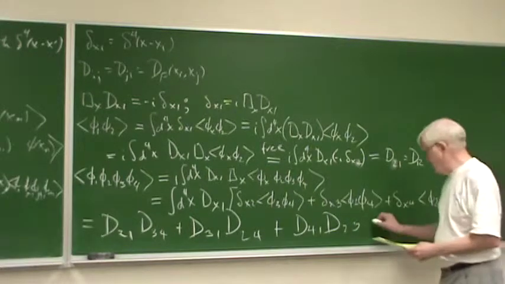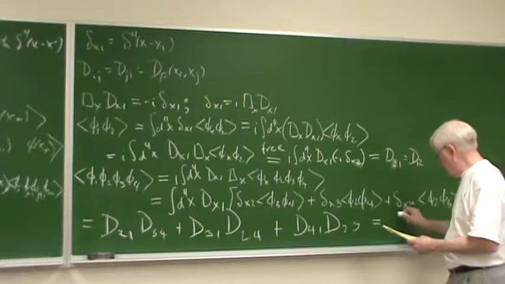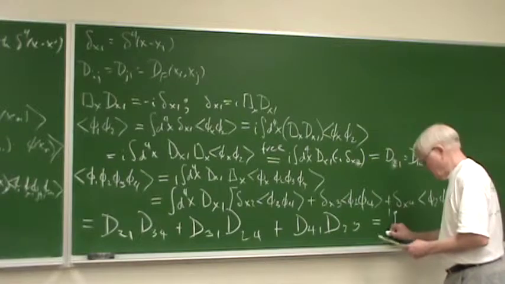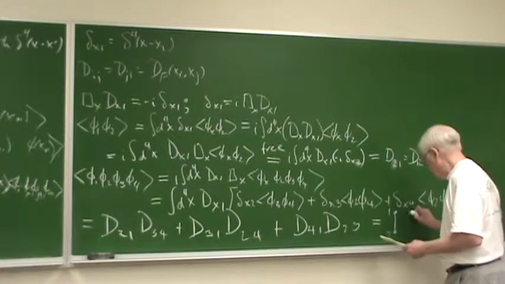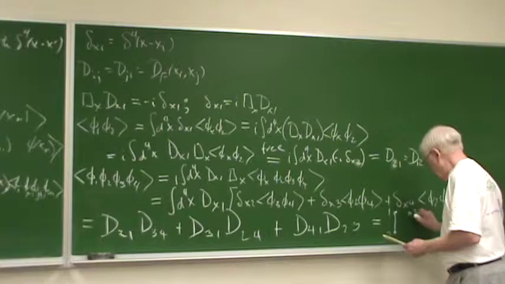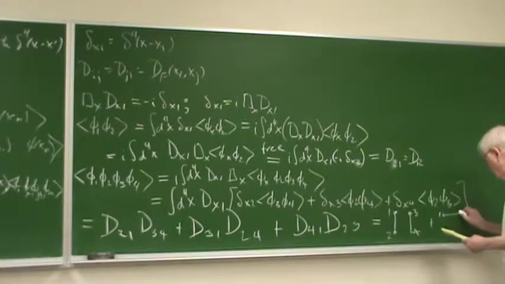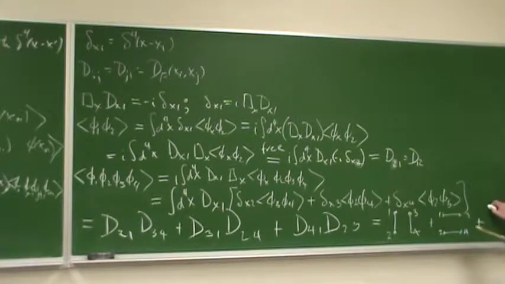Schwartz likes to rewrite this in pictures, and so we've got x1, x2, x3, x4, plus 1 to 3, 2, 4, plus 1, 4, 2, 3.